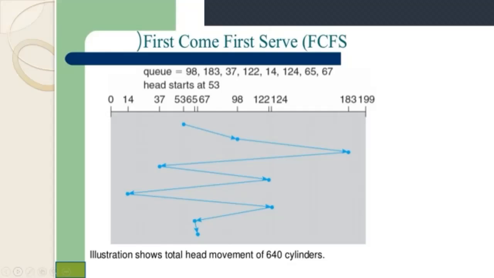First come first serve. Suppose a queue is given, the example that was taken earlier. The head starts at 53. Look at the diagram: from 53 it goes to 98, then from 98 it goes to 183, then from 183 to 37, then from 37 to 122.